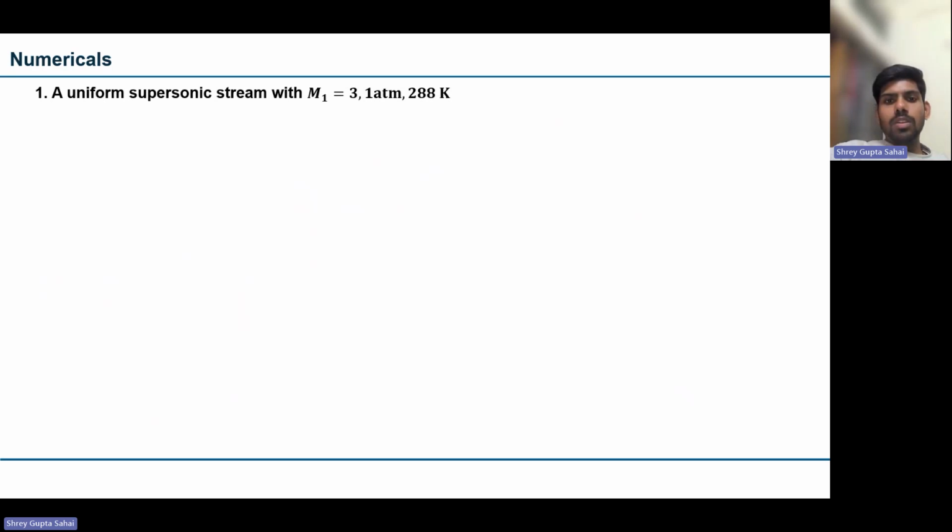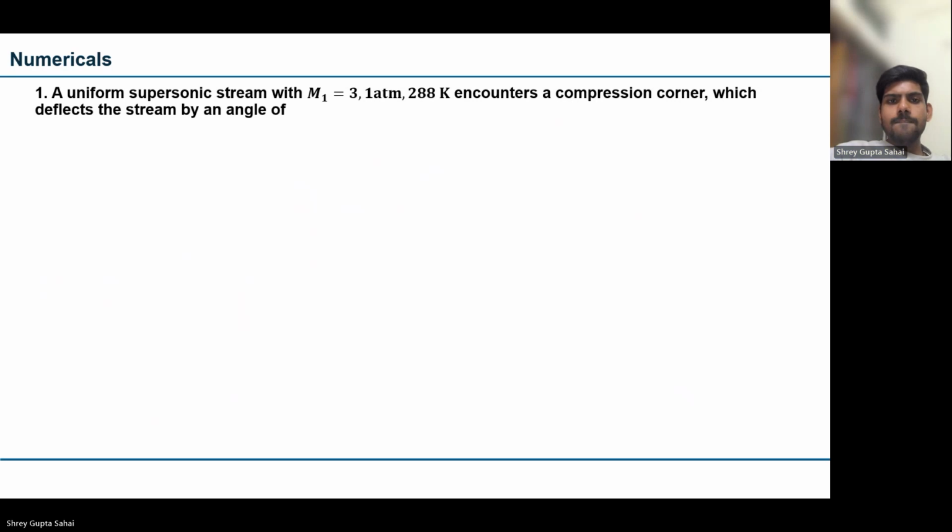It encounters a compression corner, just the same geometry as on the last slide, which deflects the stream by an angle of 20 degrees.